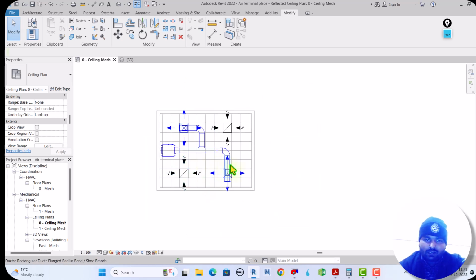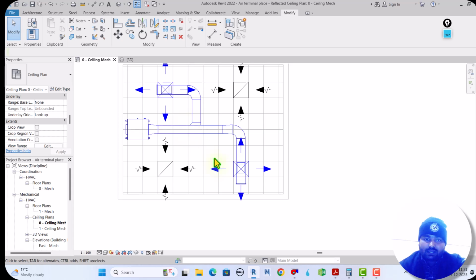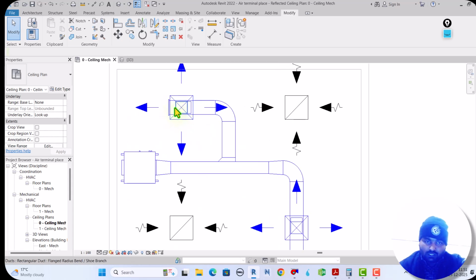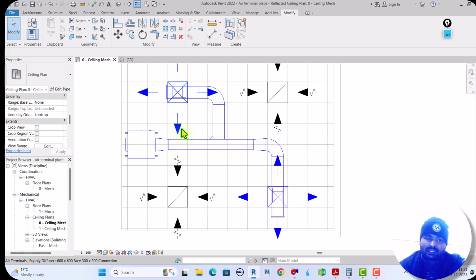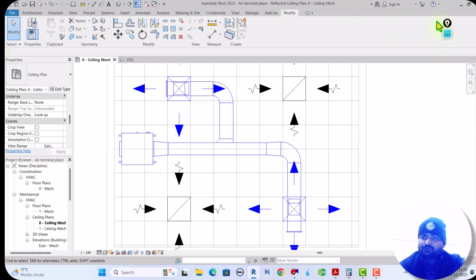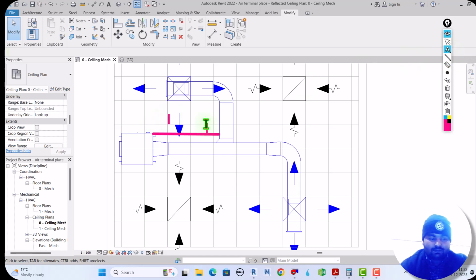I already explained how to fix the head loss and how to size the duct, okay, as per the standard and aspect ratio. Now come to the next point. Here, see, from the FCU to the first supply, the first branch, it is called EDL, okay, effective duct length.